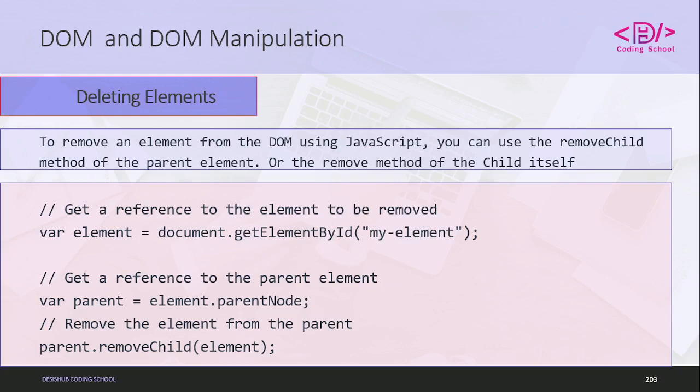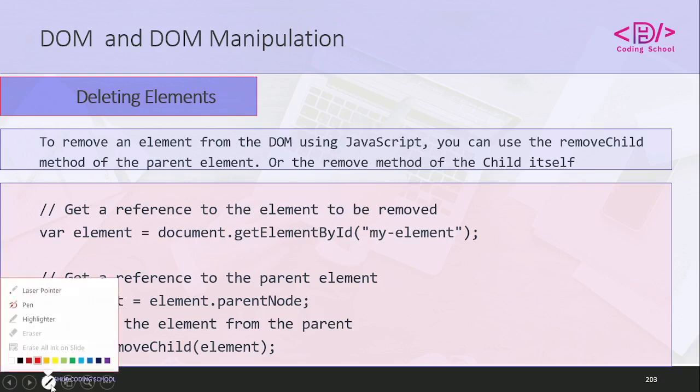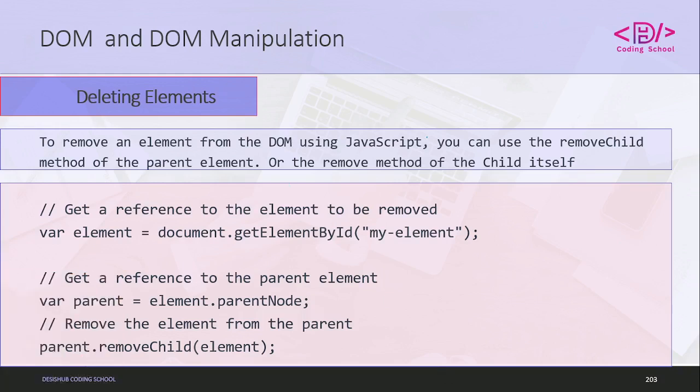So here we have two methods. I want you to get me clearly. This is the removeChild here. If you use this removeChild method, you must use it on the parent element.